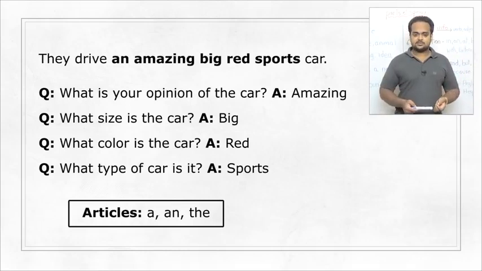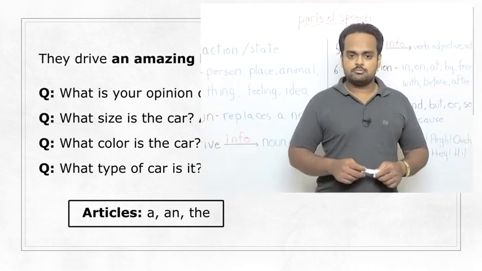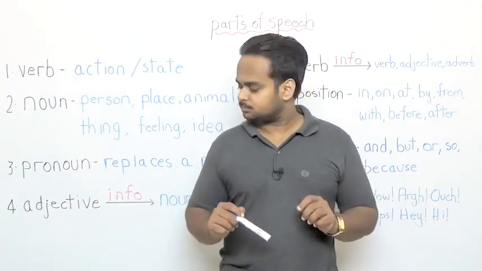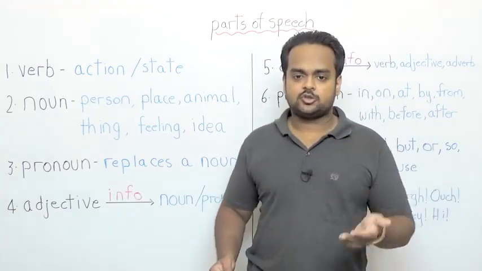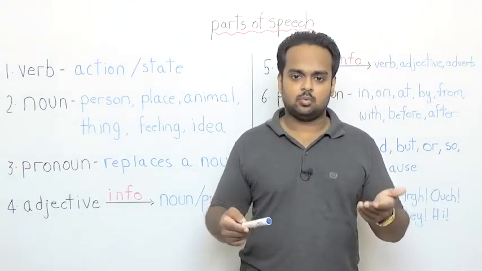In this sentence, for example, we know that they drive one car. We know that because we said an amazing big red sports car.